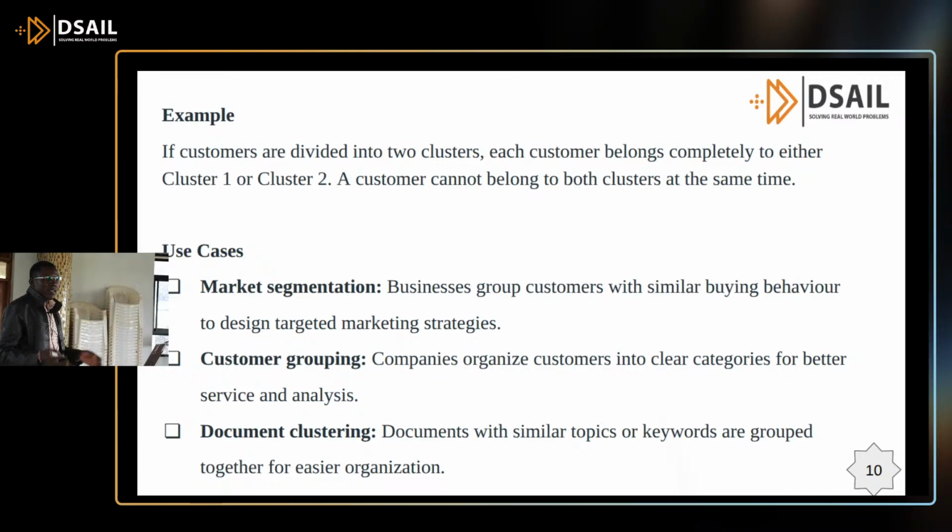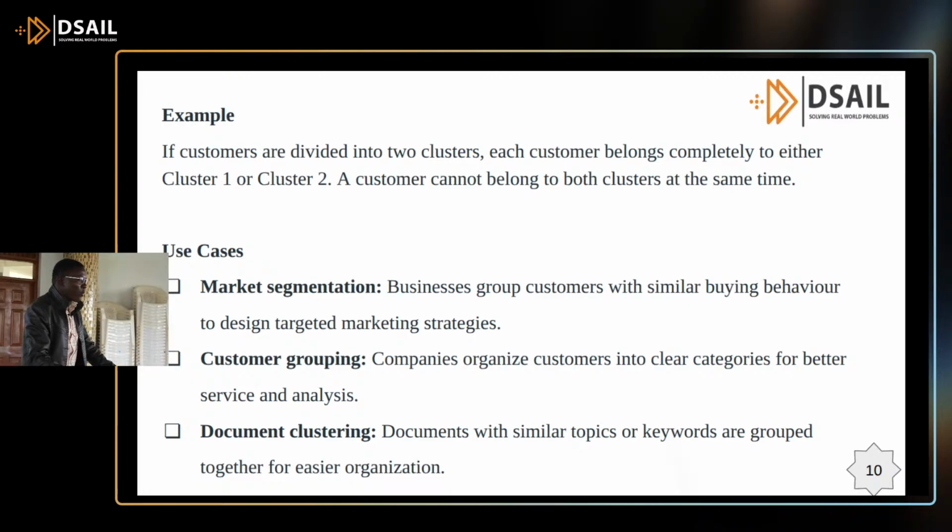Though this one may be an example for it, in a real scenario this example could be for soft clustering, which we may look into later, because you might like both of them, so you end up falling in both clusters.